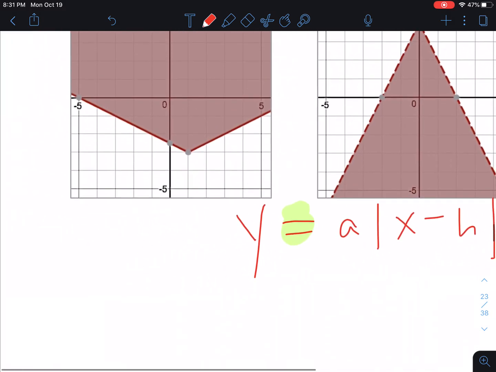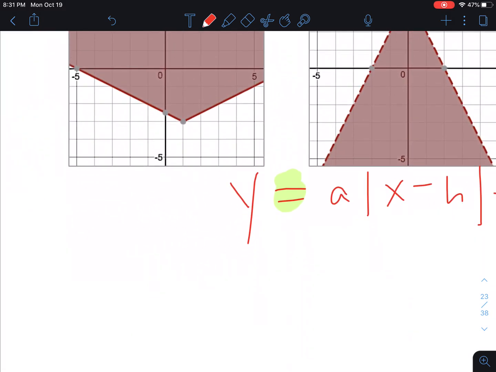So letter D, we're going to have y is greater than or equal to, it's a solid line shaded above. The A is the slope, so we pick a point, say, here and here. That's up 1 over 2, so that goes in for the A. Then the absolute value.